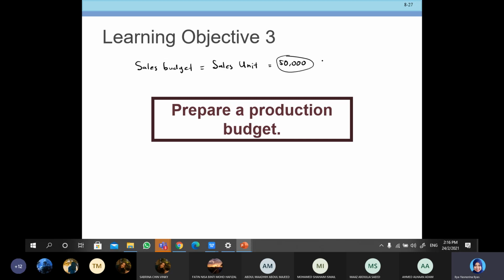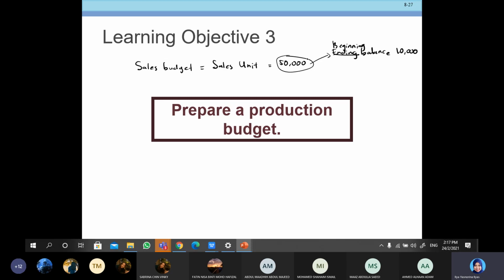Cannot, right? Because sometimes the product that you forecast to sell, the 50,000, is already inside the ending balance. We already have 10,000 as ending balance from last year, and we bring it into this year. It will be your beginning balance, 10,000.